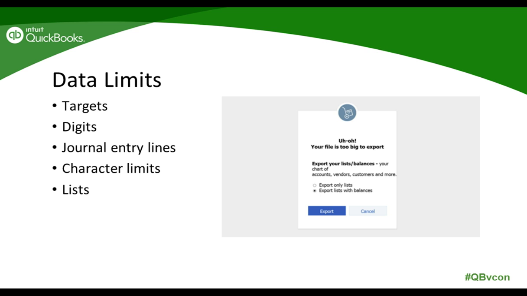If your QuickBooks Desktop data file has greater than 350,000 targets, then you will get an option to import your lists and balances only. You can see on screen I have a screenshot of what that message looks like. And for those of you who know QuickBooks Desktop, when you're in the data file, you can press the F2 button to pull up the window that will tell you how many targets are in that database.